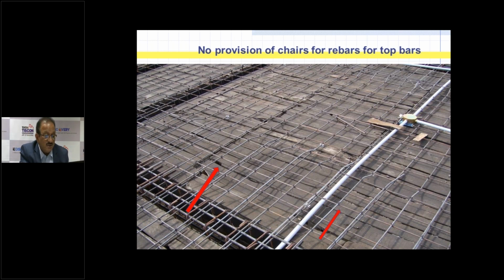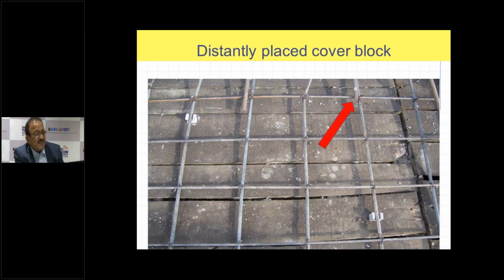That is not allowed. Then you can see here that the cover blocks are distantly provided. I mean, you have provided good quality cover blocks here, but they are practically 1 meter away from each other. What is the use? When people walk on the top of this, you can see where that red arrow is, there is no cover block at all.